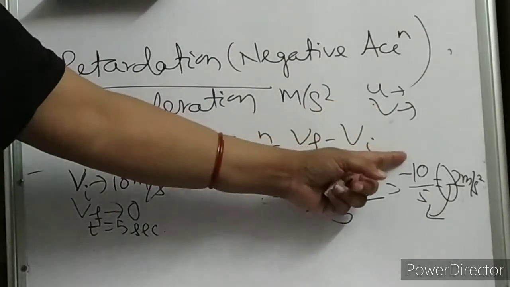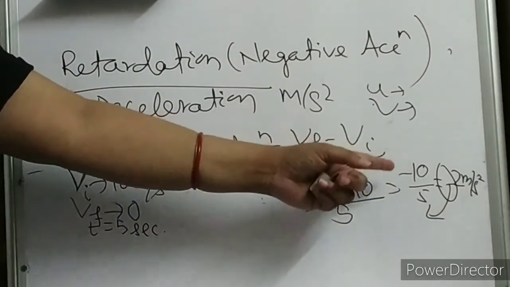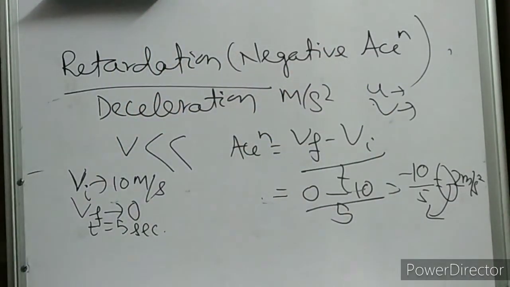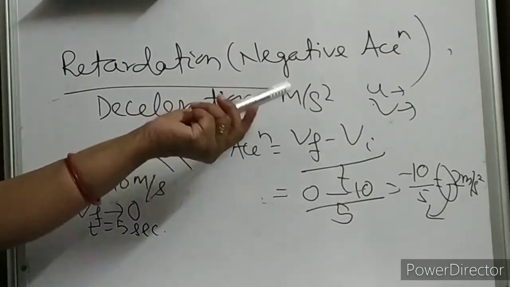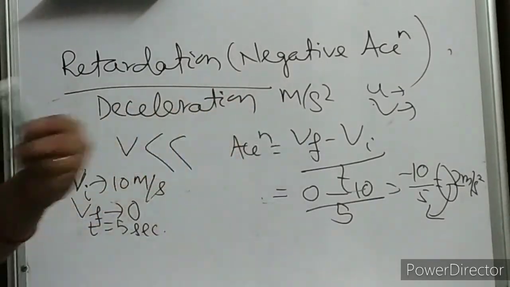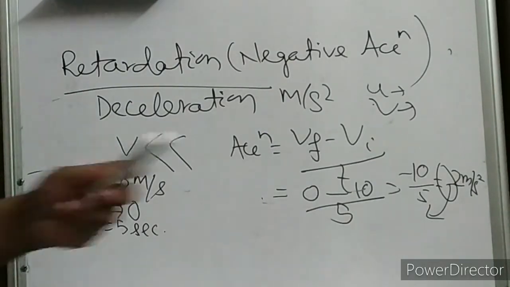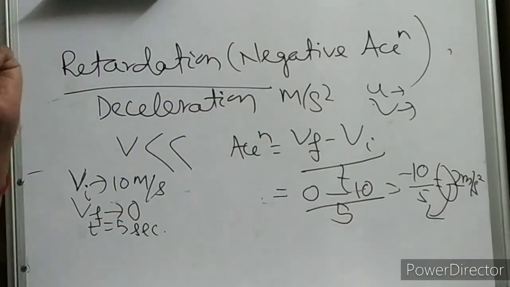So this negative sign only shows it is a negative acceleration or retardation. The value will be the same, children: plus 2 for positive acceleration and minus 2 for negative acceleration. A negative sign means immediately you will know that velocity is decreasing. Positive means velocity is increasing.